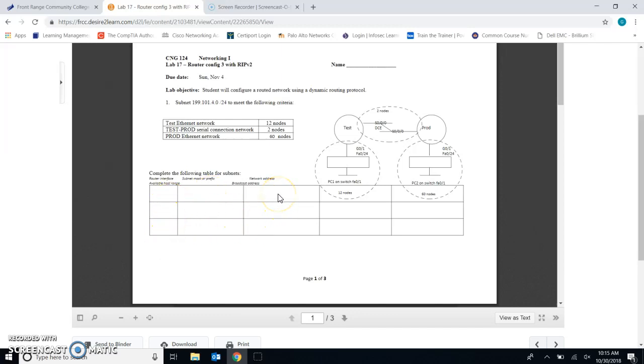The network addresses, well, I don't know what happened to my page here. It looks like it got squished or something. The next one would be the network addresses. So we know that the 60 has to start at 0. It has to go to 63 because that's the only way the subnets break up.